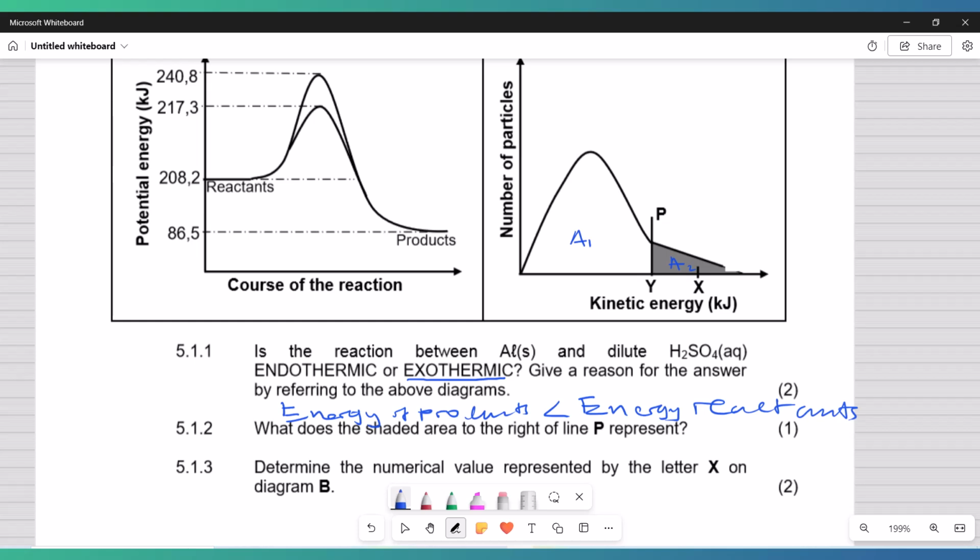So it shows the number of particles with sufficient kinetic energy for effective collisions.